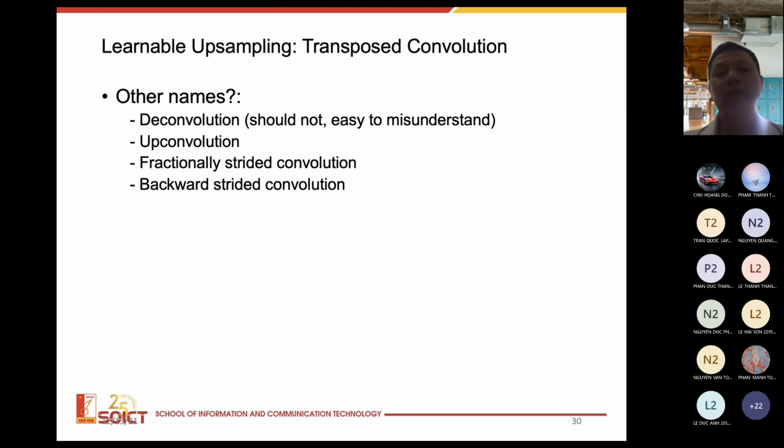A transpose convolution can have other names such as up convolution, fractionally strided convolution, or backward strided convolution. You can call it a deconvolution, but we should not, because it is easy to misunderstand. Transpose convolution is a convolution operation.